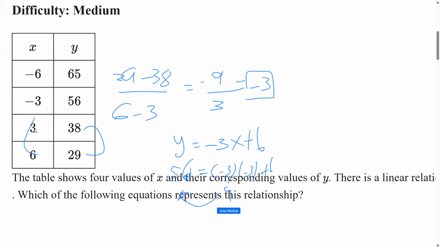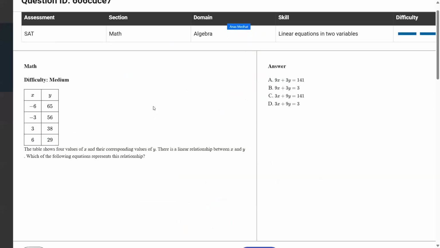It will be 47. So b is equal to 47. So the equation is y equals negative 3x plus 47.